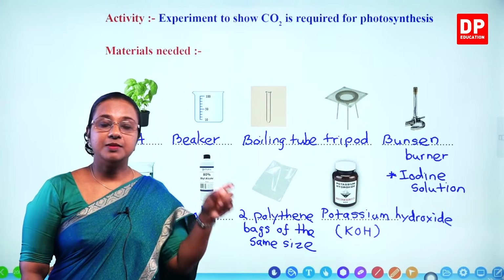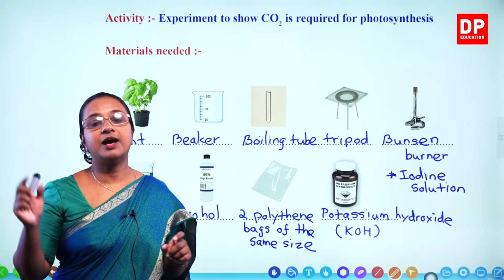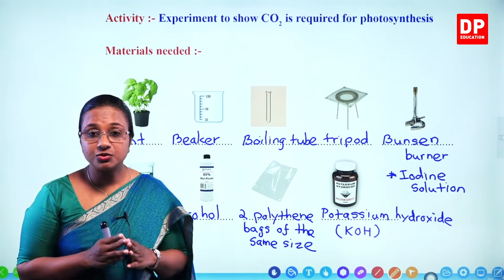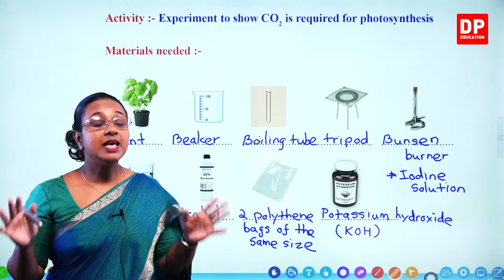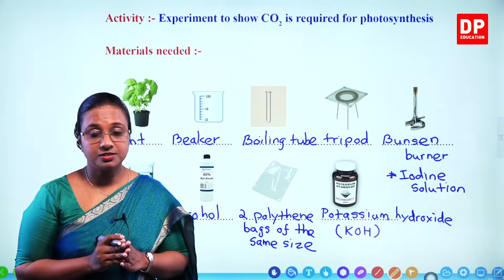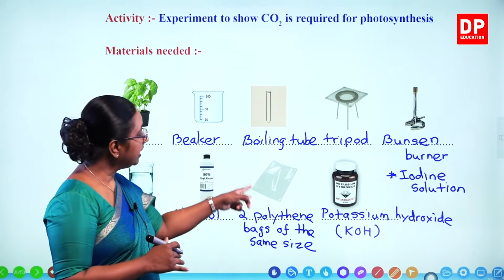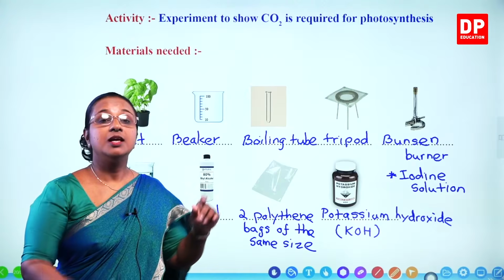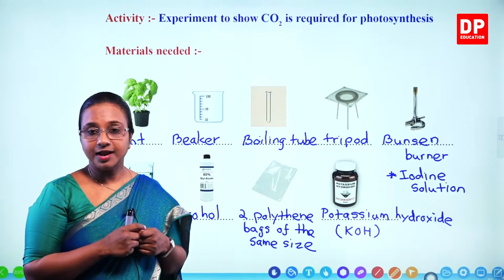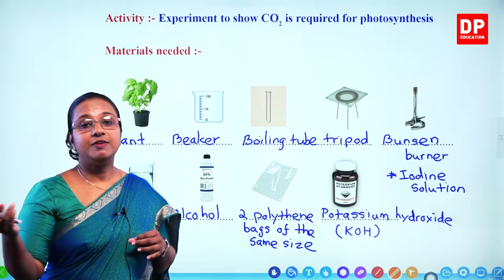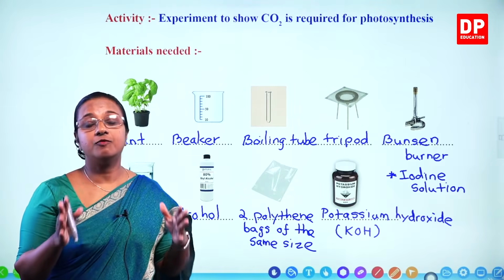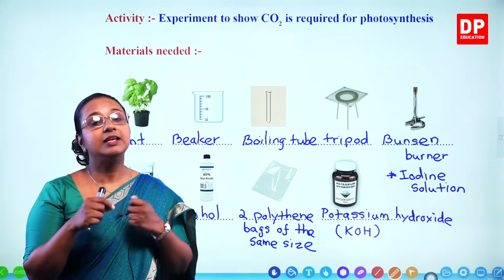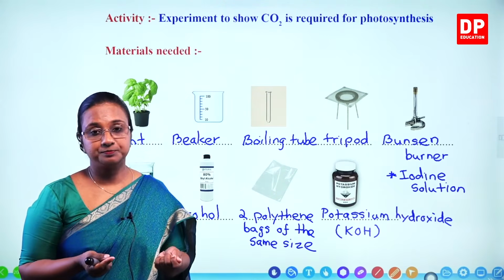So if you take 10 milliliters of KOH, we have to take 10 milliliters of water. That is again to control the experiment. Same volume of solutions. And then insert one leaf into the bag containing KOH, seal it or tie it with a thread. The second leaf into the bag containing water. Again, seal it if it is a sealable bag, or we can tie it using a twine.